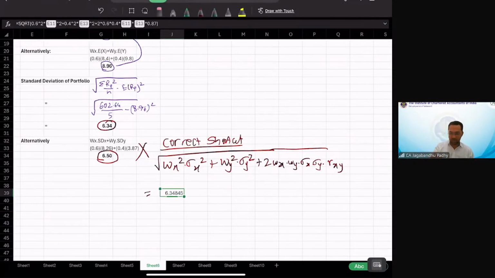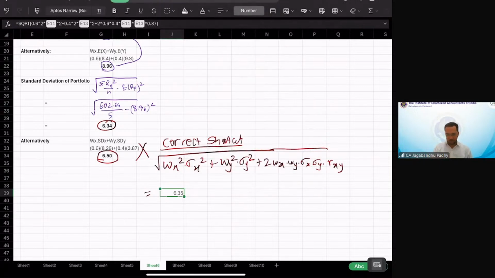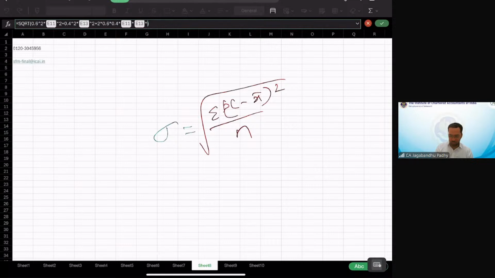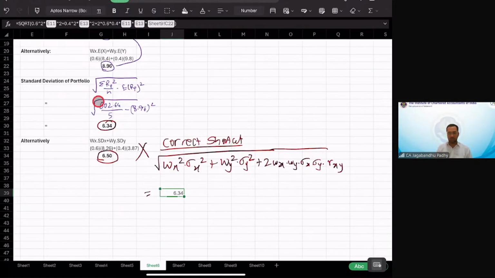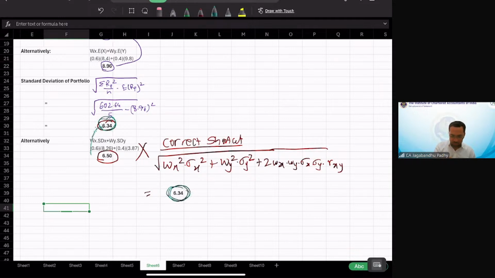Now you can see it is matching, or maybe there is a slight difference because we have taken only 2 decimals. If I link it with the correlation value, it will match exactly. Yeah, now you can see it's the same 6.34. Look at this, 6.34 exactly matching with this number.